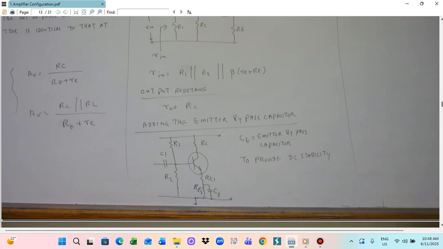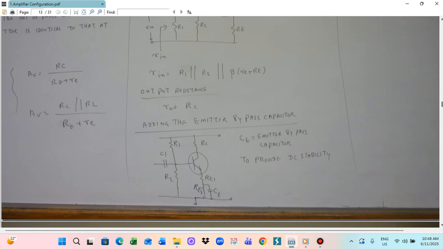So these are the equations to calculate the input and output resistance of the CE amplifier. Input resistance is R1 parallel R2 parallel beta times (RE plus re). Output resistance Ro is RC. This is the way that we calculate.